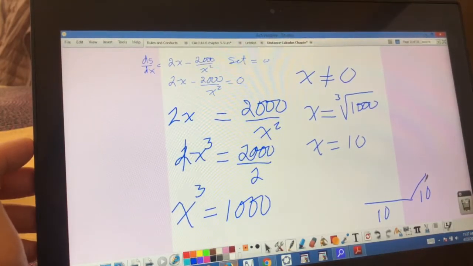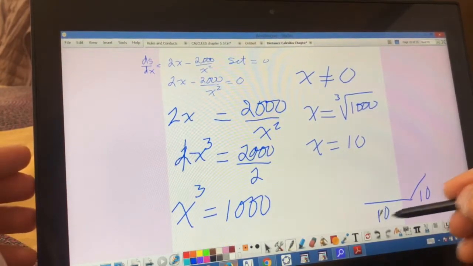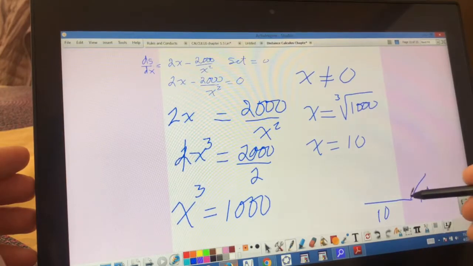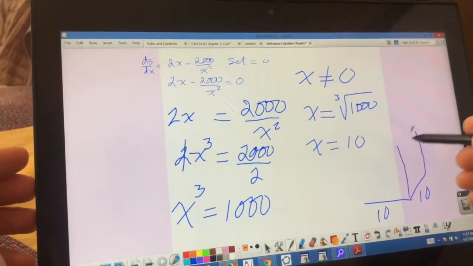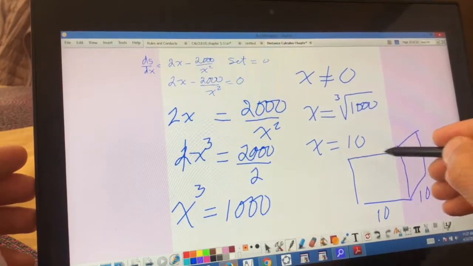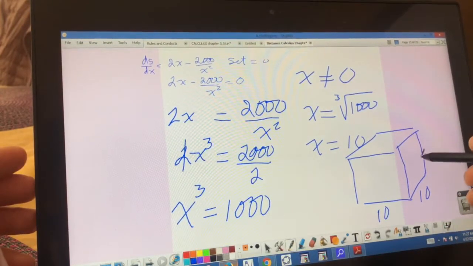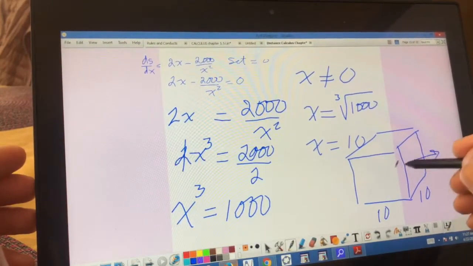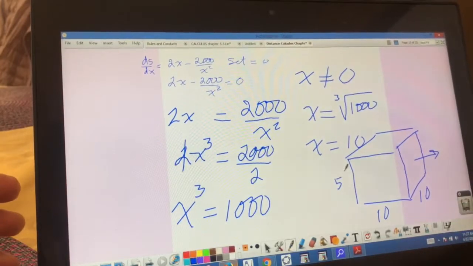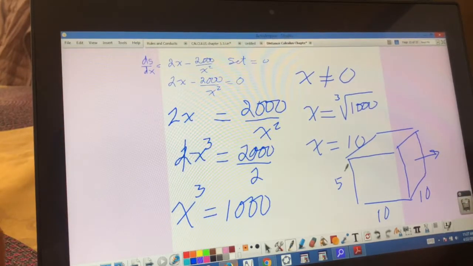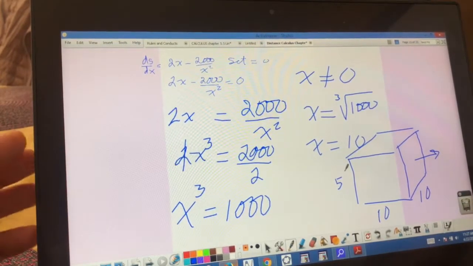The length of the base is 10 because they mentioned a square. So 10 times 10 is 100. So the volume of this must be 500, right? So that means the height must be 5. You can do the math there. So we solved the problem.